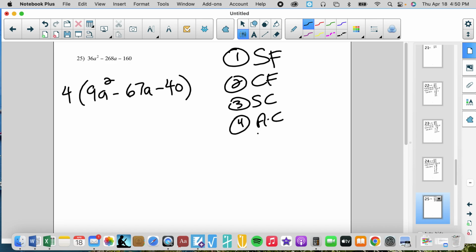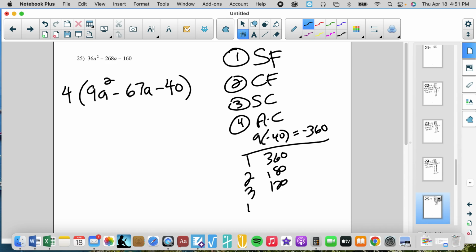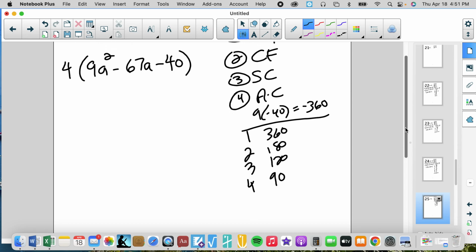A times c, 9 times negative 40, negative 360. 1 and 360. 2 and 180. 3 and 120. 4 and 90. Subtraction to make 67. 5, yes, 5 and 72. There it is, 5 and 72. Signs. That gives me negative 67. Didn't have to go that deep.